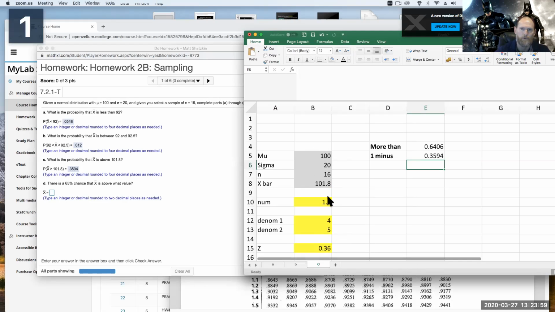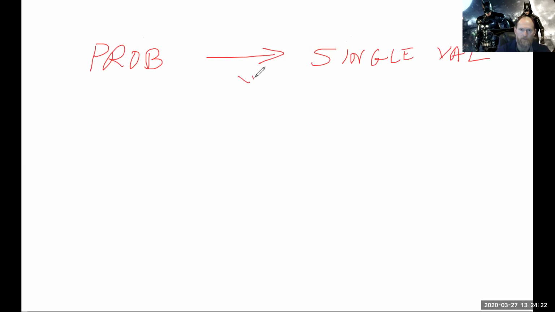Can I do my whiteboard? Can y'all see my whiteboard? Mhm. All right. Yeah, I can see it. Okay. So this is a case where I have a probability and I want to get a single value. What I call the reverse.